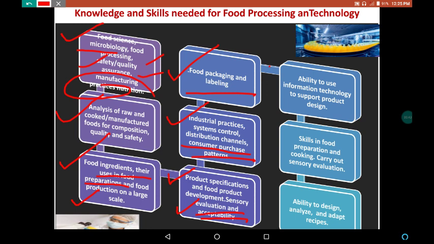Besides that, ability to use information technology to support product design, skills in food preparation and cooking, carrying out sensory evaluation, and ability to design, analyze, and adapt new recipes. Skills in preparation of cooking. Clear? So these are the knowledge and skills needed for a food processing and technology professional.